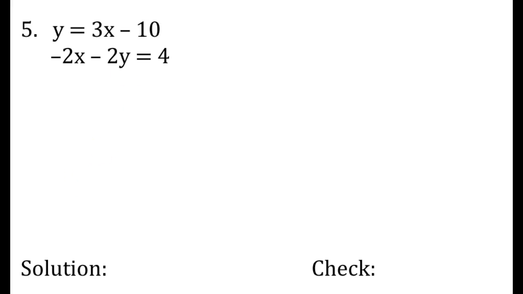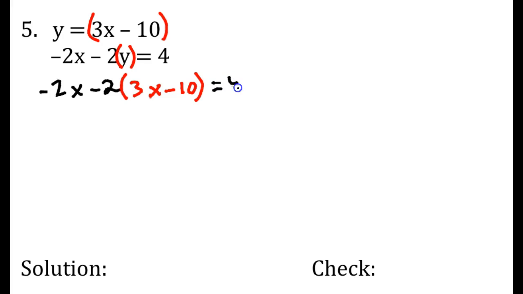But once you get down to number 5, we have this whole thing equal to y. So that means right here, on the second equation, you have to use parentheses. Without the parentheses, this will not work. So make sure you use parentheses here and put in the 3x minus 10. Right? And then you can solve it.